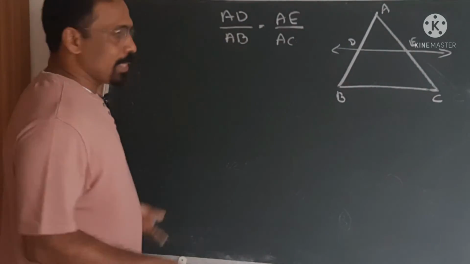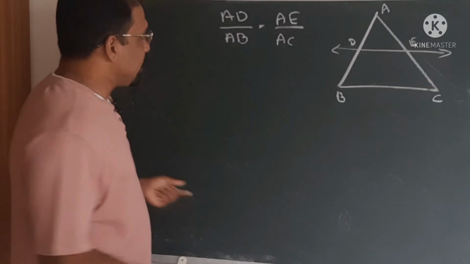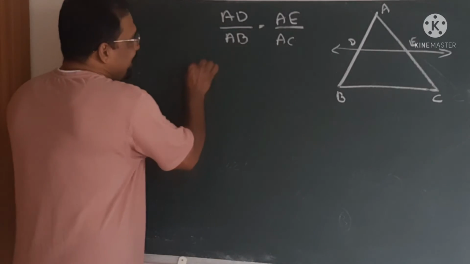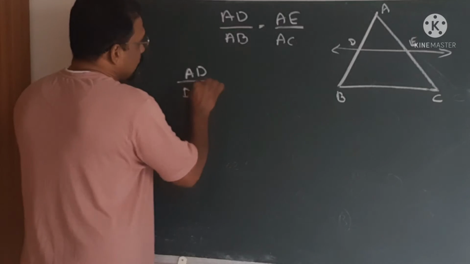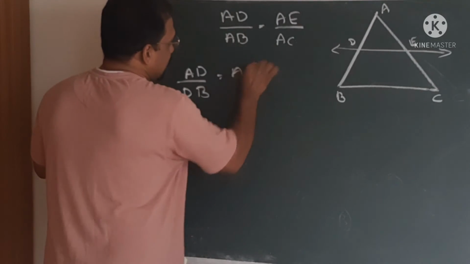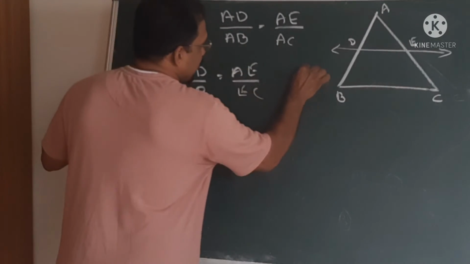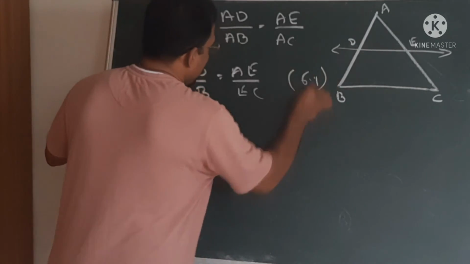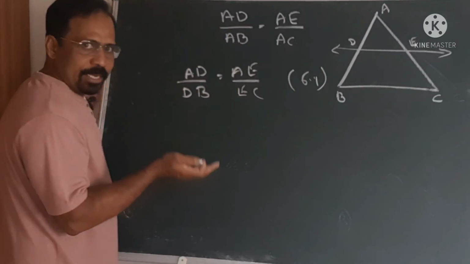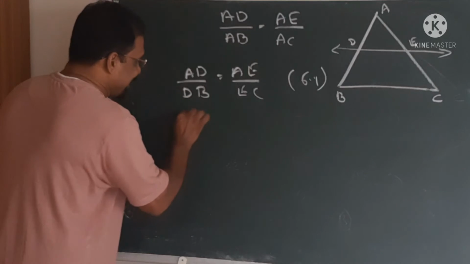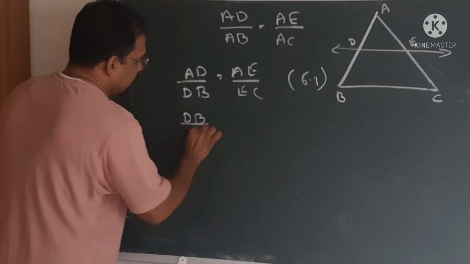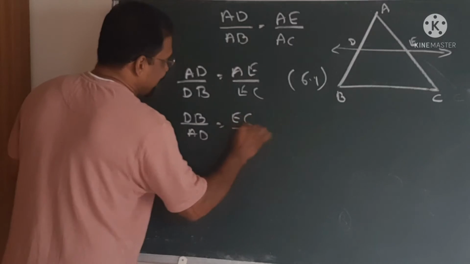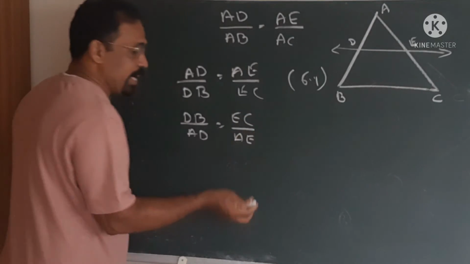So according to the theorem that we have already studied, we can say that AD by DB is equal to AE by EC. That is according to the theorem 6.1. Now we can reverse it, that is DB by AD is equal to EC by AE. I have just reversed it.